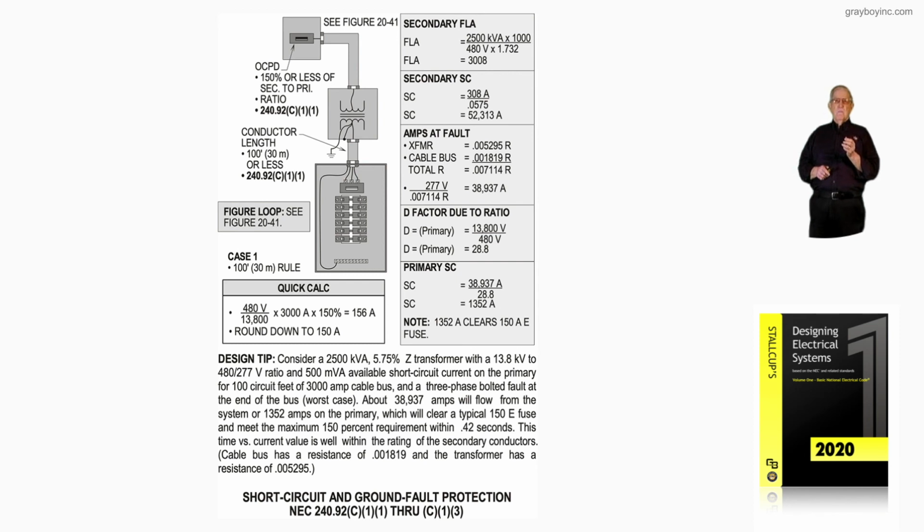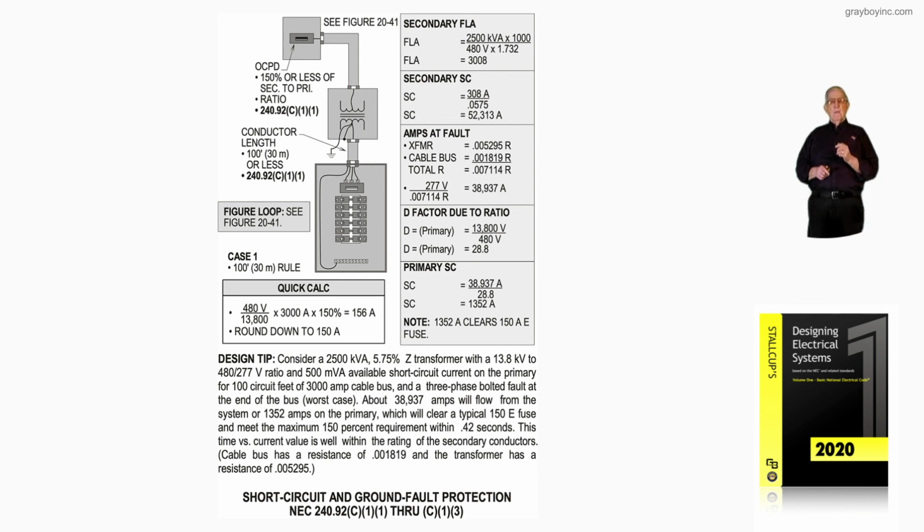So we have a lot enough amps to clear that primary using this good rule of thumb method. And that's what the note at the very bottom of the primary short circuit current states. 1,352 amps clears the 150 amp E-type fuse that we see listed on the primary side of that overcurrent protection.